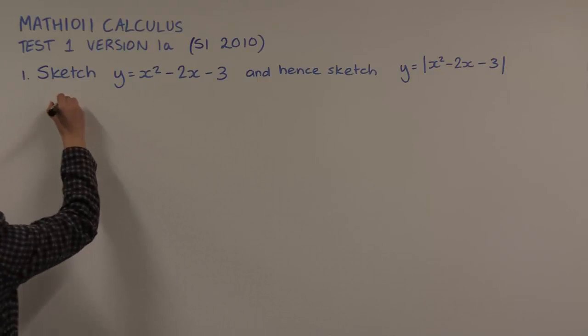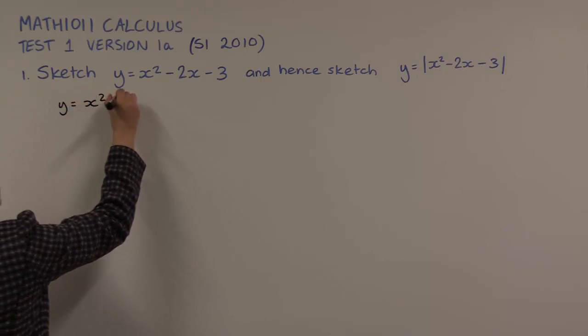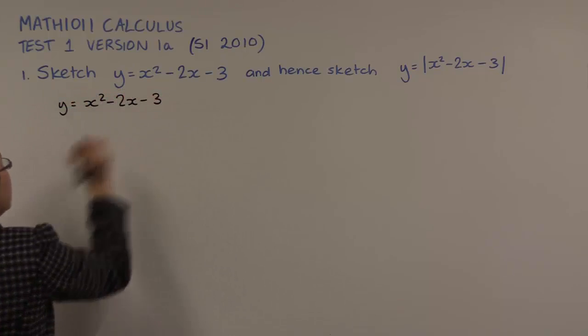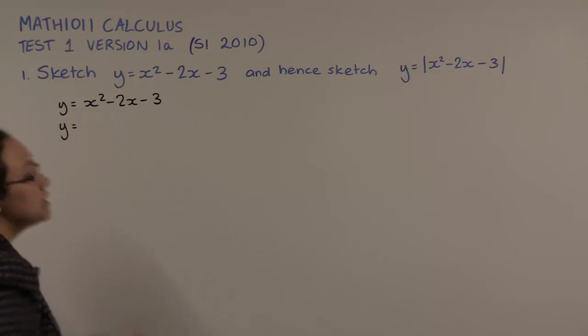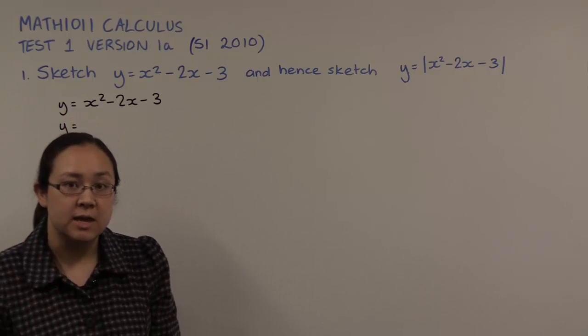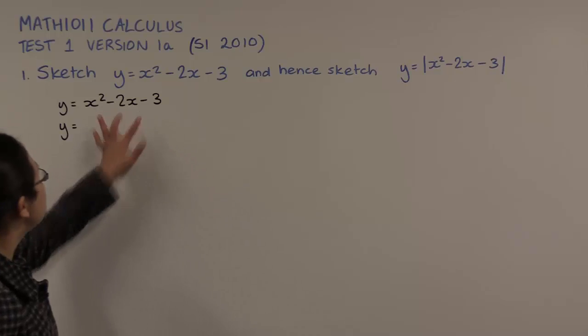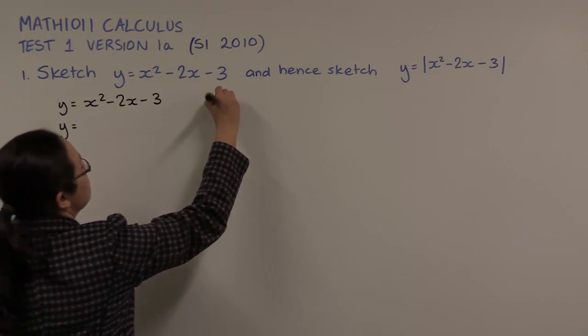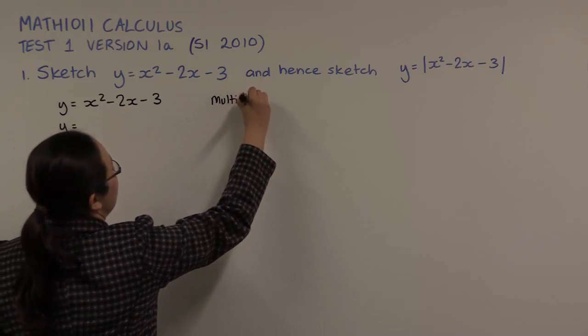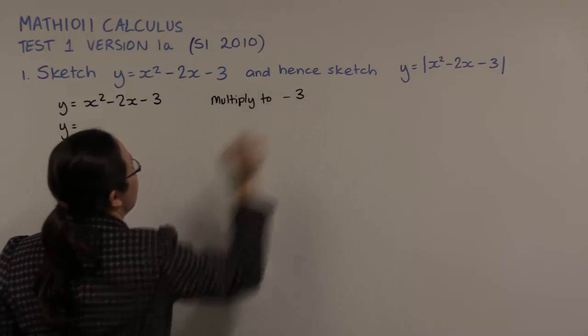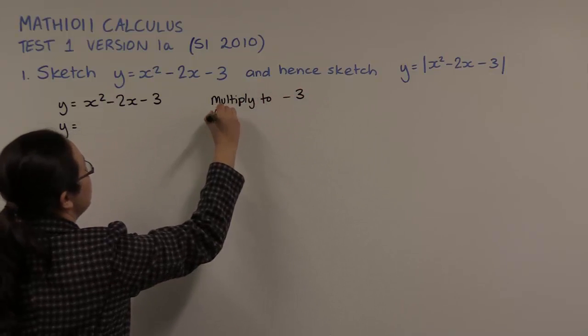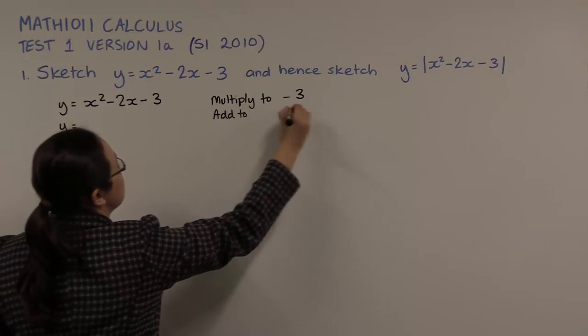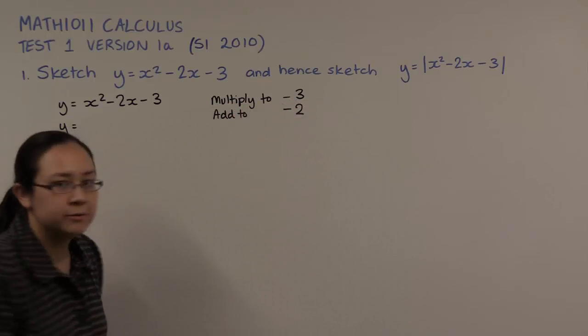So y equals x squared minus 2x minus 3. If we can factorize, that's a really good idea because that makes it easy to find the x-intercepts. So when we factorize this, we're looking for two numbers that multiply to give minus 3, that constant term, and add to give minus 2, that coefficient of x.